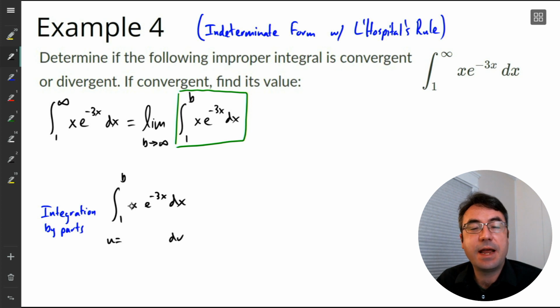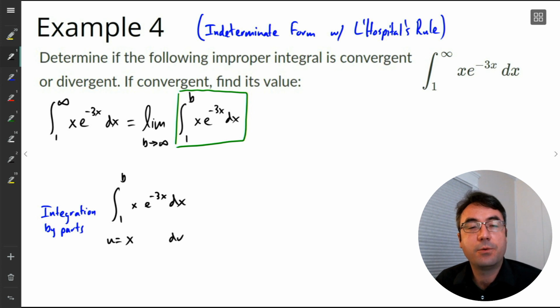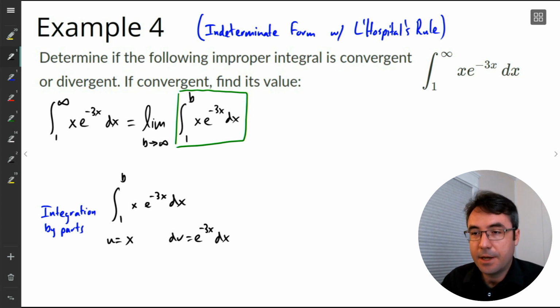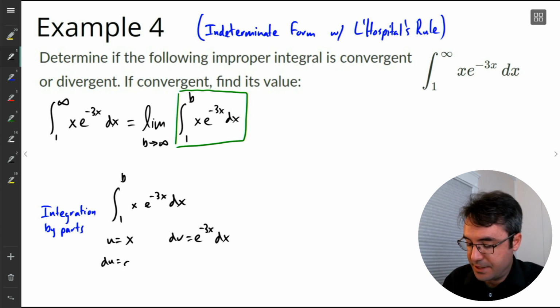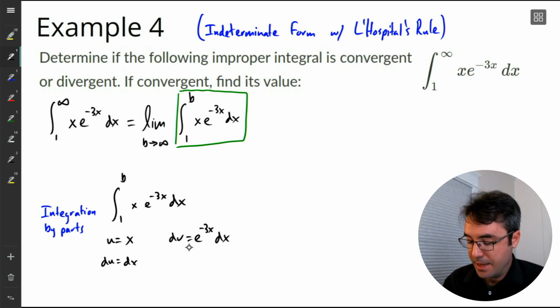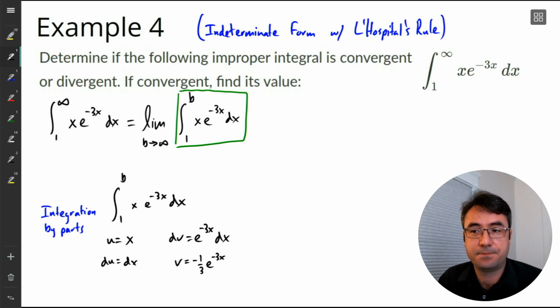And normally when we have an algebraic part and an exponential part, the algebraic part gets put with u, and then the trig or the exponential part gets put with dv as our choice. Why does this work so nicely for u? Because when we differentiate and calculate du, the derivative of x is just 1. So we end up with dx here. And then we can actually integrate this exponential function. It's -1/3 e to the -3x, just one of our k-form integrals.